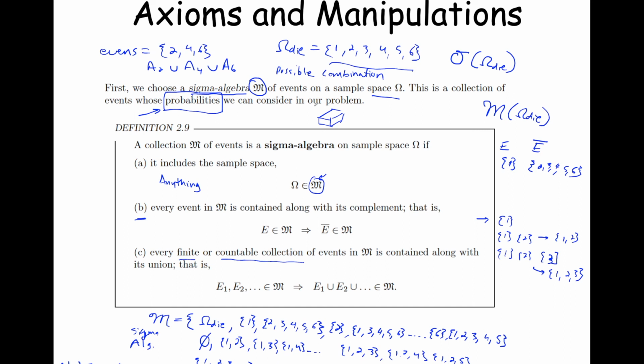And one of these combinations, be they singletons, simple ones like 1, or two-way, or three-way, or four-way, or the complement, now we have a way of describing all of the possibilities that we can use to describe outcomes of a single roll of the die.